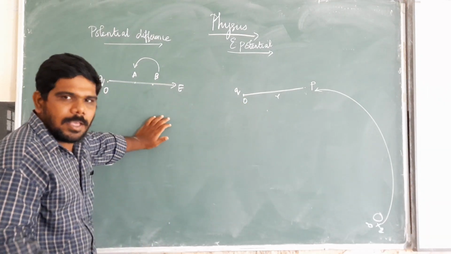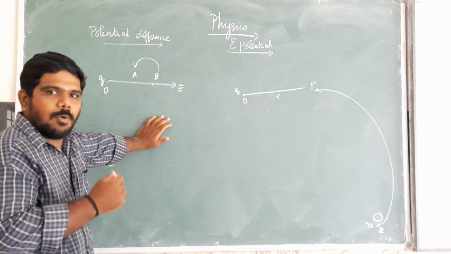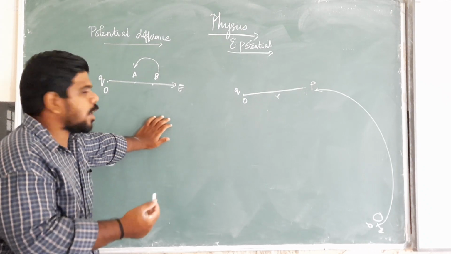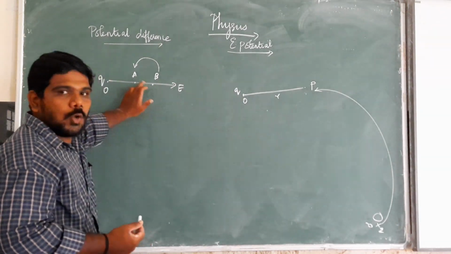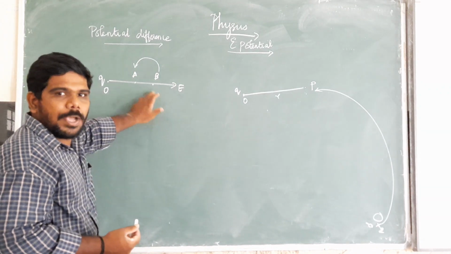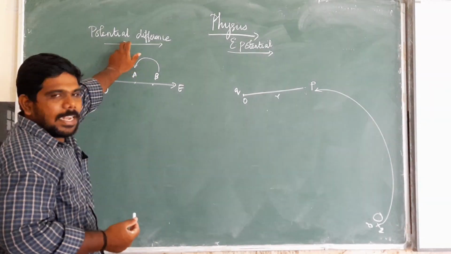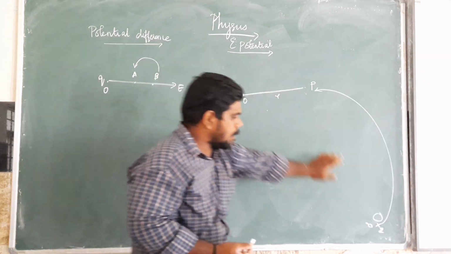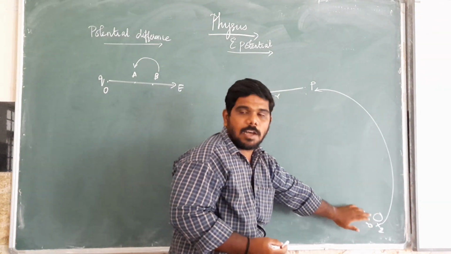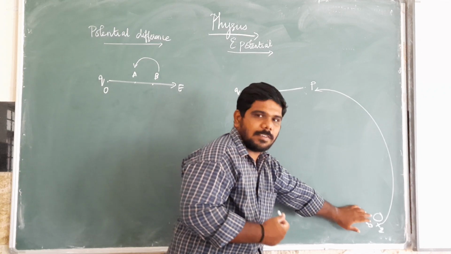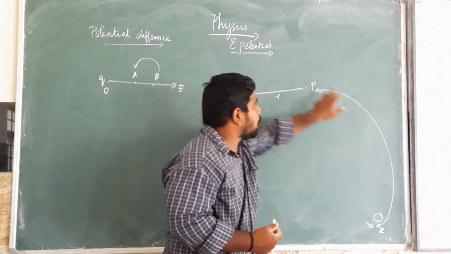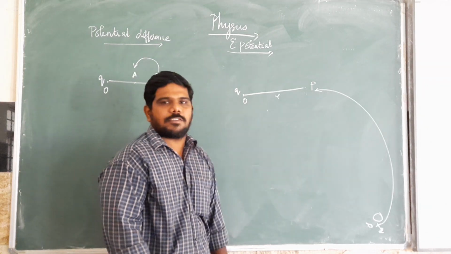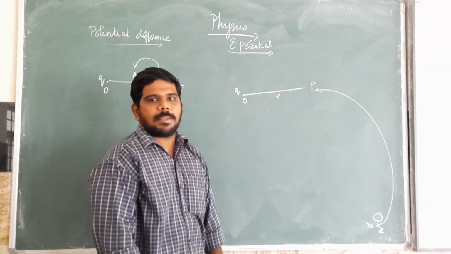Potential difference is the work done to move a charge from one point to another point. Electric potential is the work done to move a charge from infinity to the point.